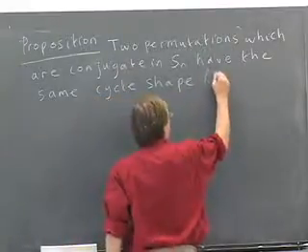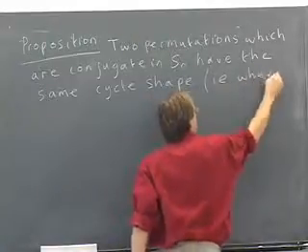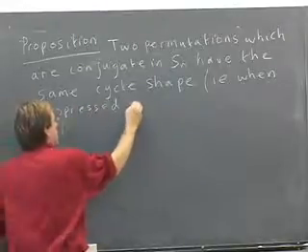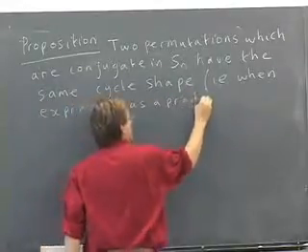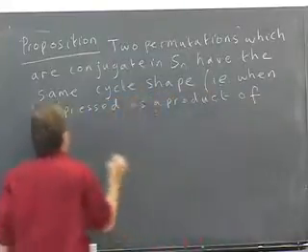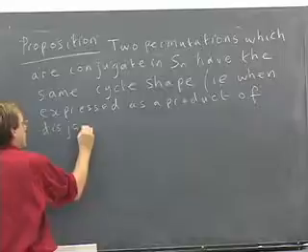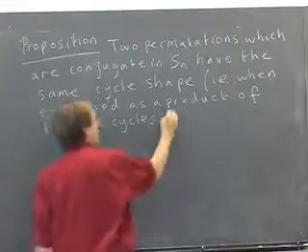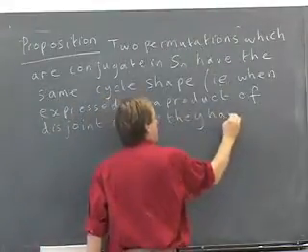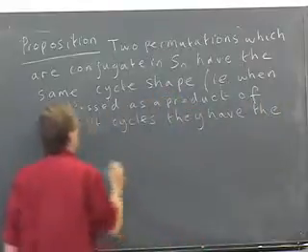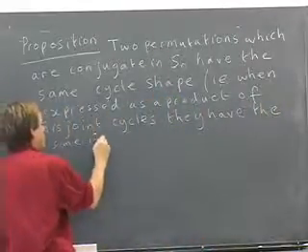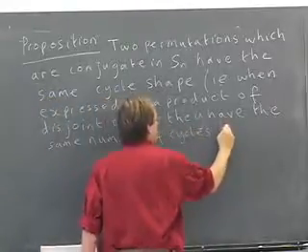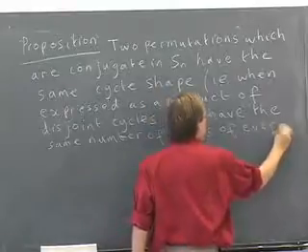So i.e. when expressed as a product of disjoint cycles, they have the same number of cycles of every length.